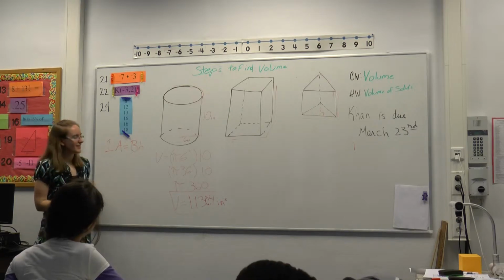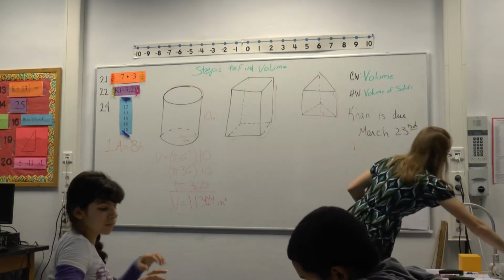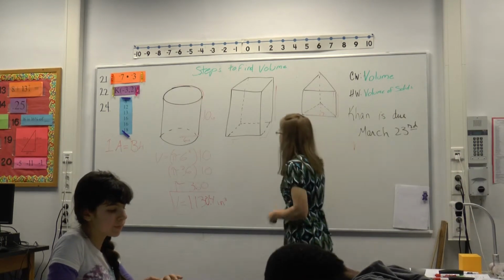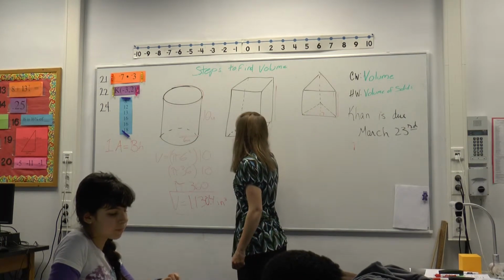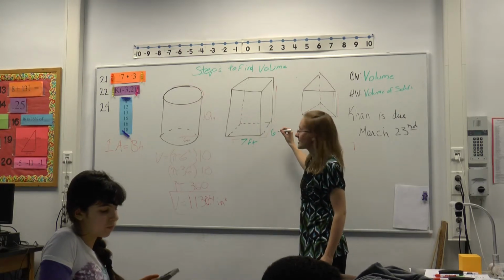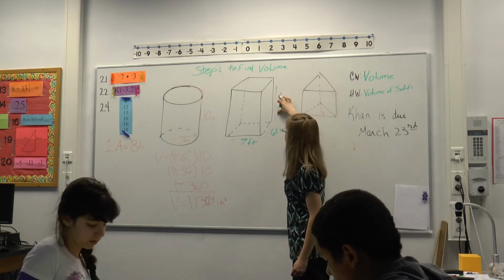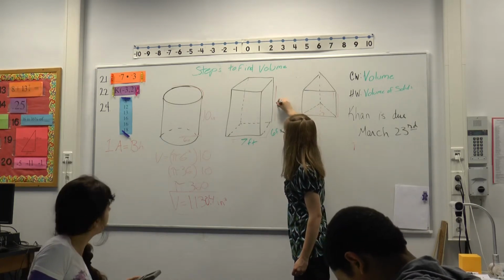Yes. All right, let's do the next one. If the dimensions on this are about 7 feet by 6 feet, so it's not a cube anymore, now it's a rectangular prism, and the height of about 12.